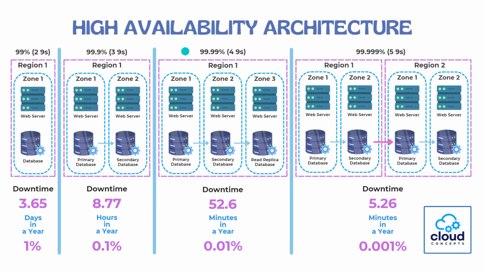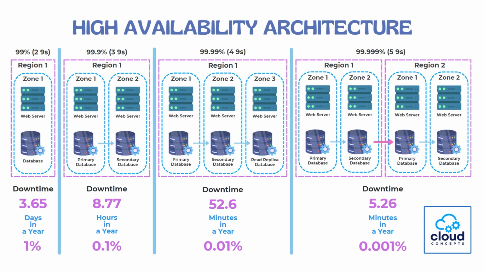Let's talk about the 4 nines architecture. It's 99.99%, which means now we've got 3 zones in this one region. We have our primary, we have our backup, and then we have a backup to a backup, right? So these 3 servers are running, our primary database is getting backed up, and then we also have another backup of our database, which we call a read replica.